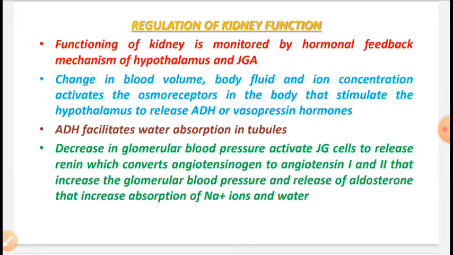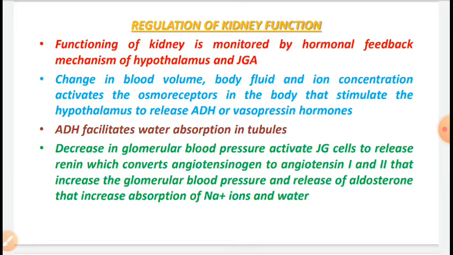A fall in glomerular blood flow, or we can say glomerular blood pressure, or GFR, can activate the JG cells to release renin, which converts angiotensinogen in blood to angiotensin 1 and further to angiotensin 2 here.